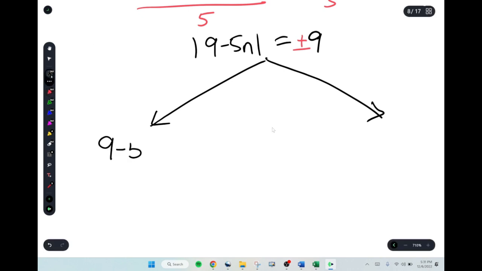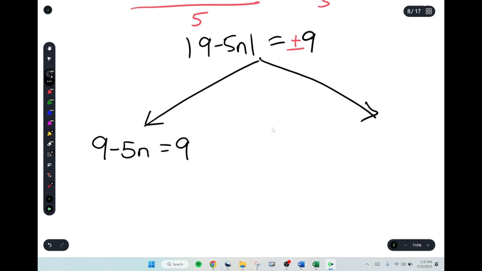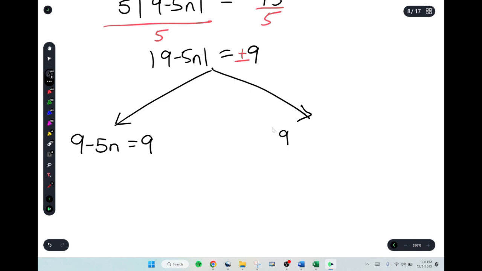9 minus 5n equals what? 9, but also 9 minus 5n equals -9. Done. Well, we're not done. Now we have two problems to solve.